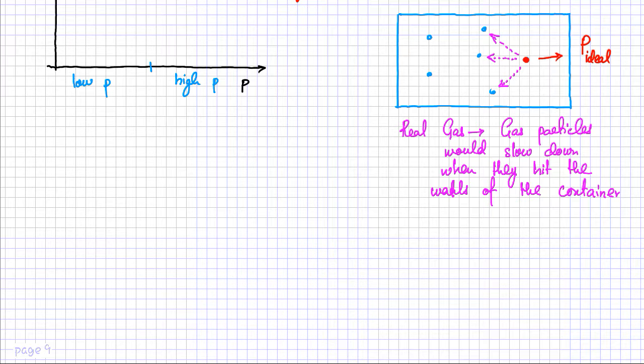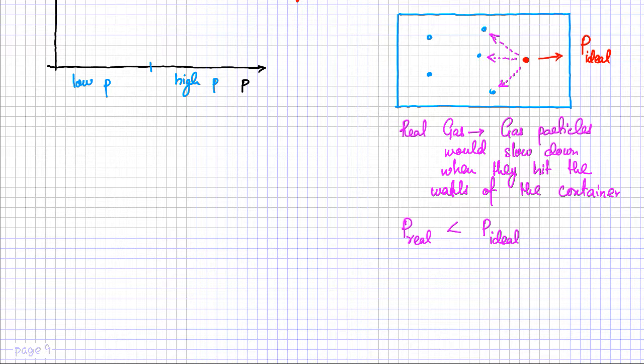So in reality, the real pressure for a real gas would come out to be less than the ideal gas pressure. Because in an ideal gas, the pressure exerted would be larger because there would be no slowdown. The other particles would not be attracting the particle that's going to hit the wall of the container. But in a real gas, that particle would be slowed down. So your real pressure is going to be less than the ideal gas pressure.